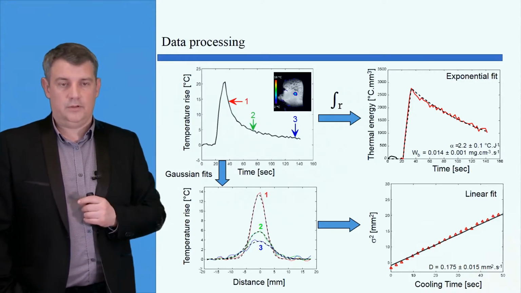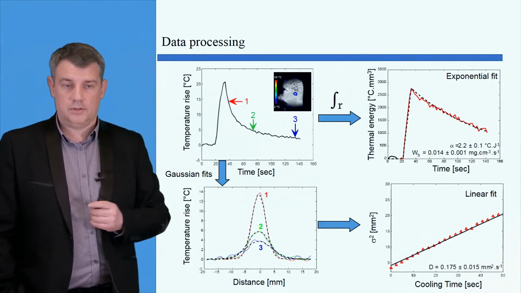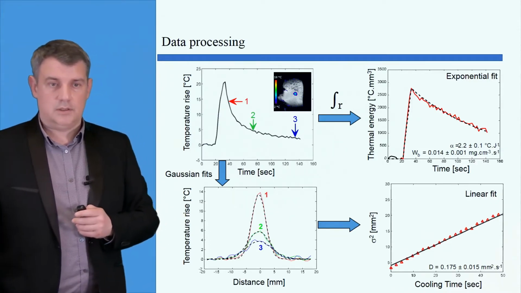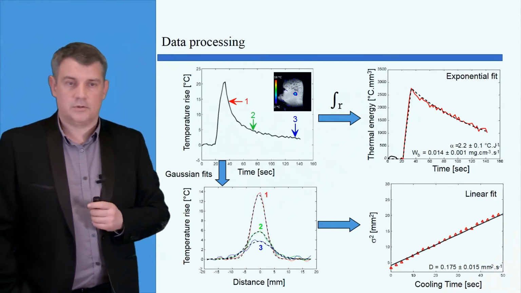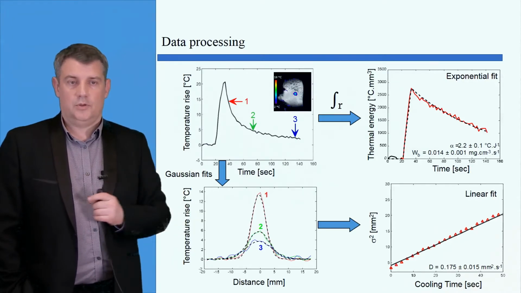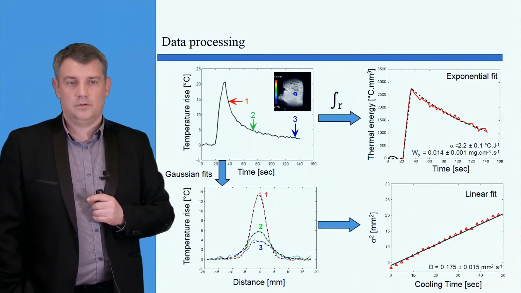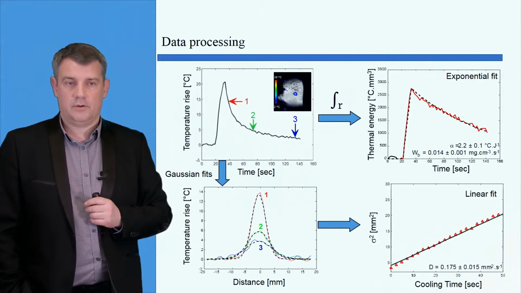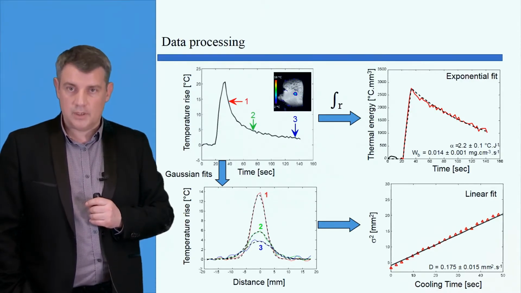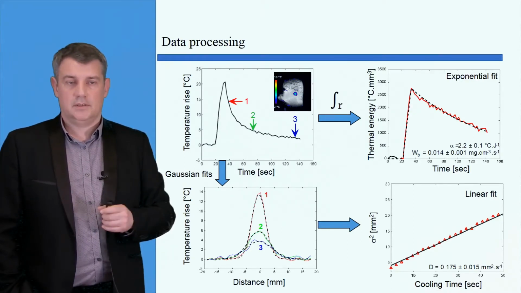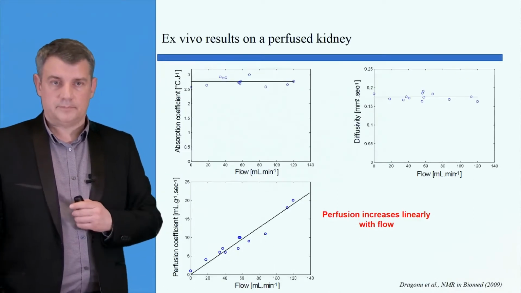And from the fit, you can derive the third parameter, which is the diffusivity. Now, using this strategy with a non-destructive heating, you could, for example, apply this method to have an estimate of these three parameters at each sonicated point and optimize the treatment accordingly.